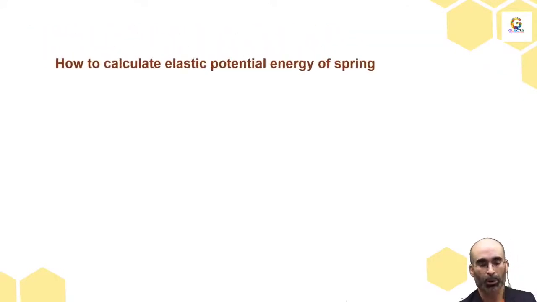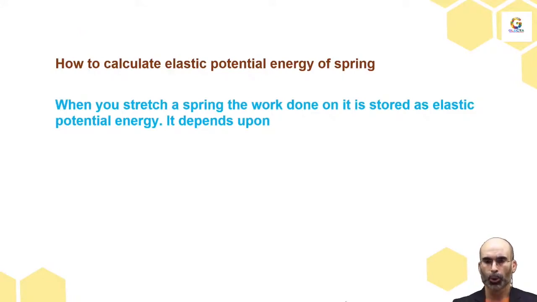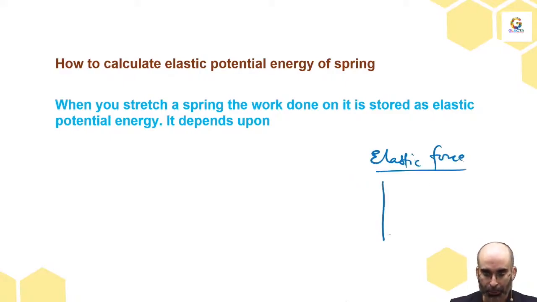Now let us talk about elastic potential energy of a spring. You must have observed this thing. When you stretch a spring, what happens? You need to do work against its elastic force. Mind it, this is very important. Elastic force and extension are directly proportional.